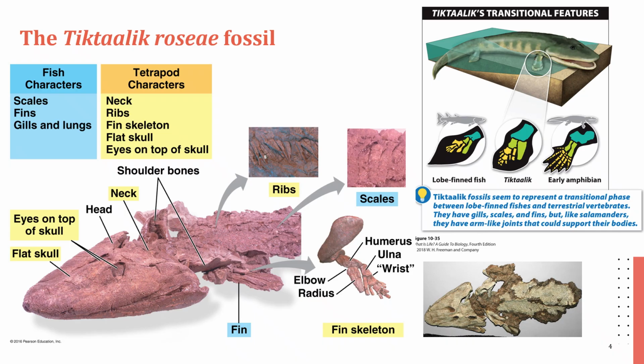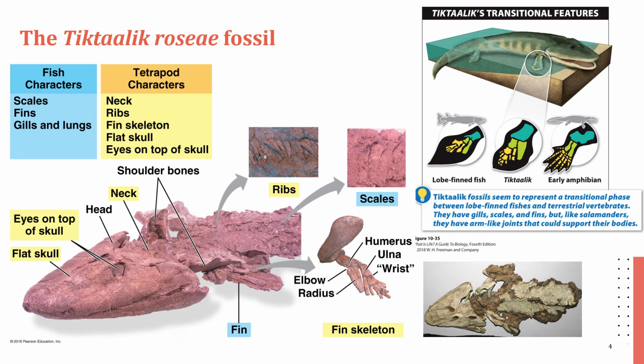They also have ribs that are similar to ribs in tetrapods, and they have that fin and leg-like skeleton, or hand-like skeleton, in their fins. They have a flat skull.